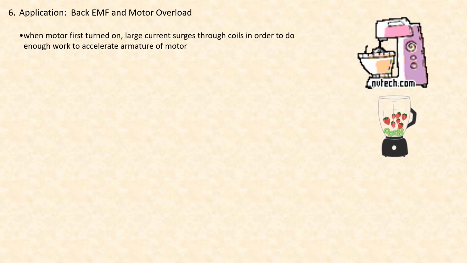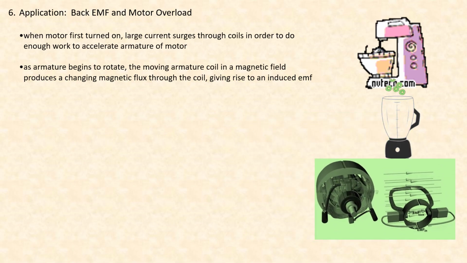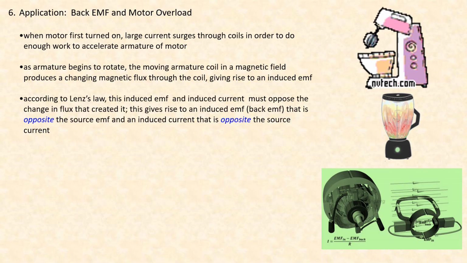So as the armature begins to rotate, the moving armature coil in a magnetic field produces a changing magnetic flux through the armature coil, which gives rise to an induced EMF. So as the picture on the bottom illustrates, once that armature coil is turning in a magnetic field, then we have a changing magnetic flux through that coil, and that changing magnetic flux should give rise to an induced EMF and induced current.